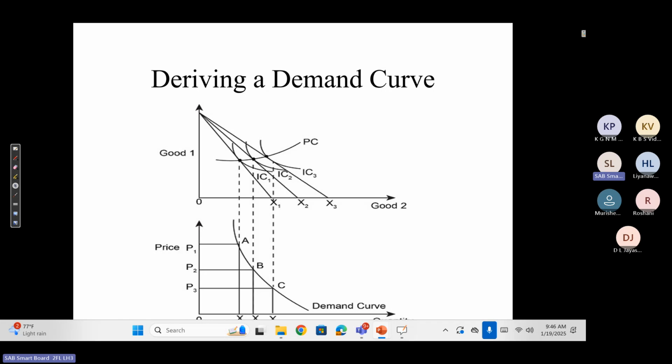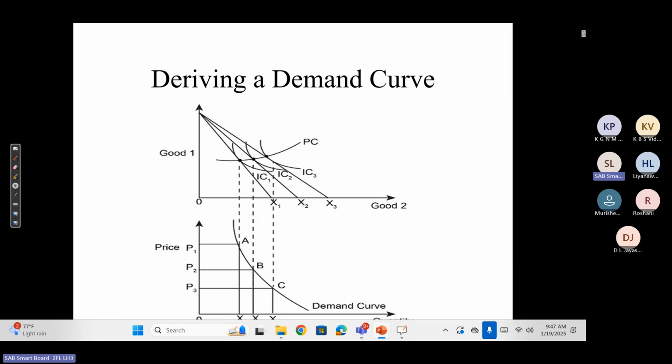So we can see the different quantities demanded with respect to changing prices of the product, and the equilibrium points. At this point, let's say the price is P1, the earlier, higher price, and this is the quantity, let's say X1.